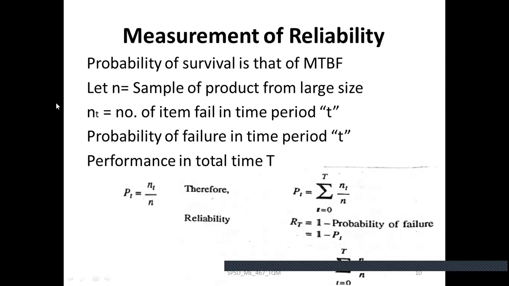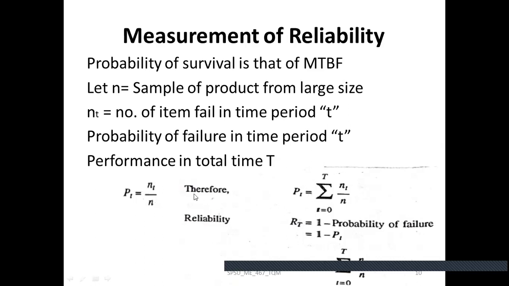Nt is the number of items failed in time period T. The probability of the failure in the time period T is represented here. So it is Nt upon N.